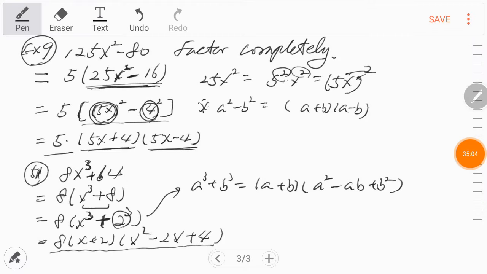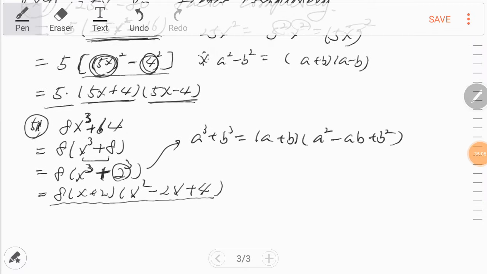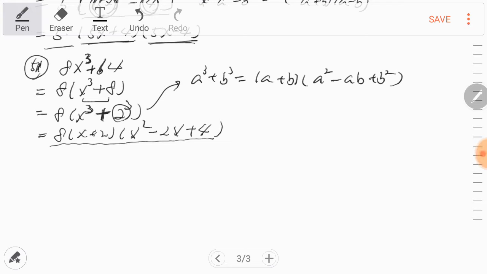Okay, what if we didn't factor out? What if we just use the sum of cubes directly? Because 8 is 2 cubed, so we can write this one as 2x cubed, and 64 is 4 cubed. Then this satisfies the sum of two cubes.